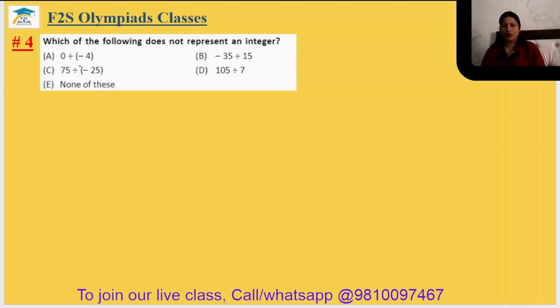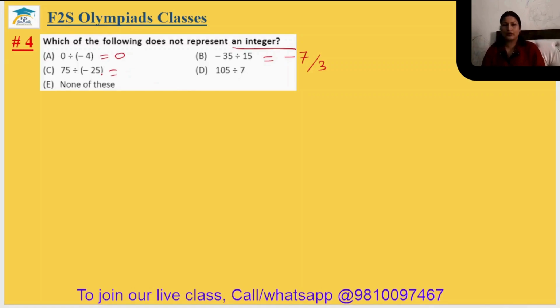Question number 4. Which of the following does not represent an integer? So 0 divided by minus 4 equals 0, and 0 is an integer. Minus 35 divided by 15, that is minus 7 upon 3.